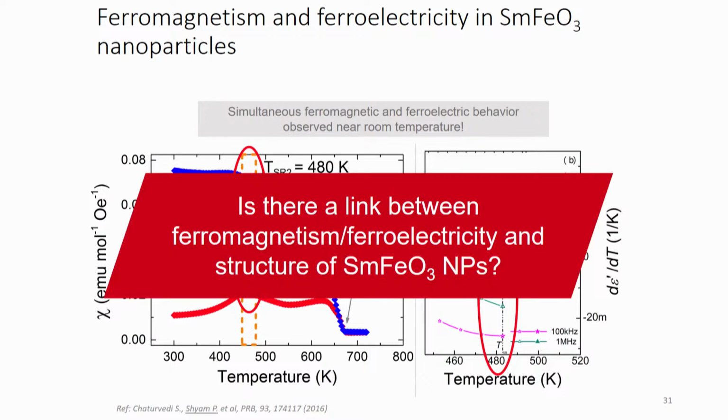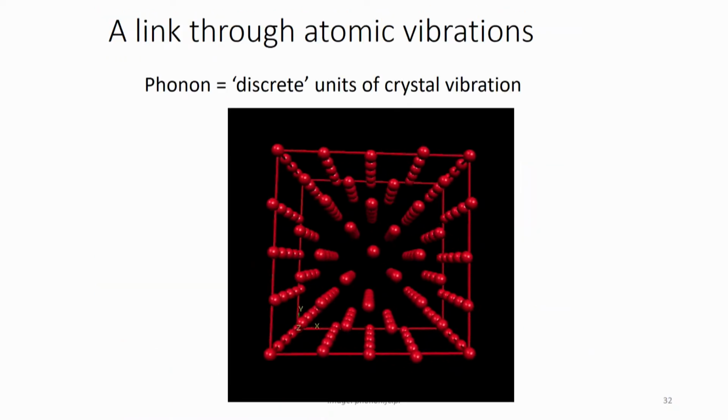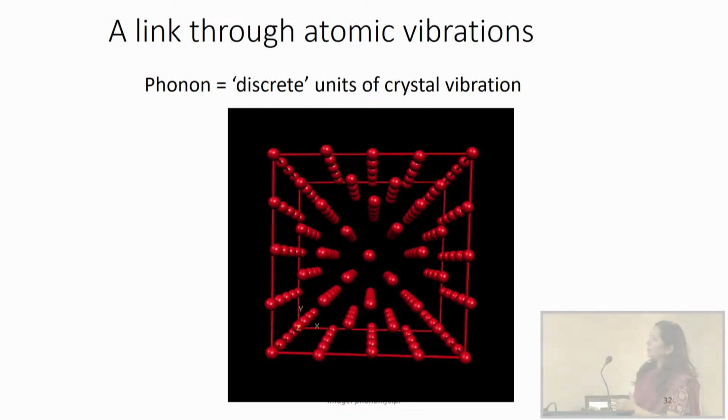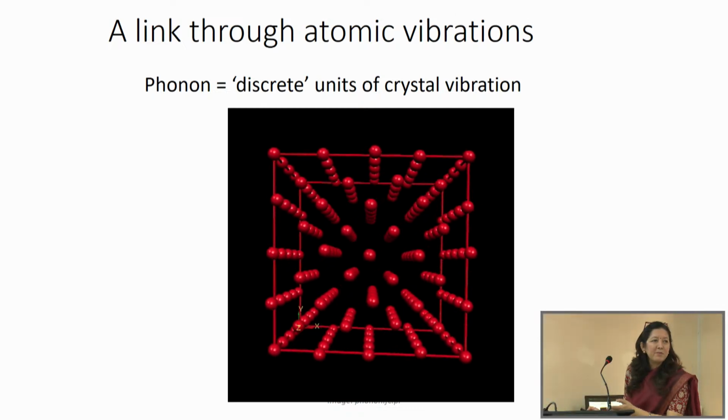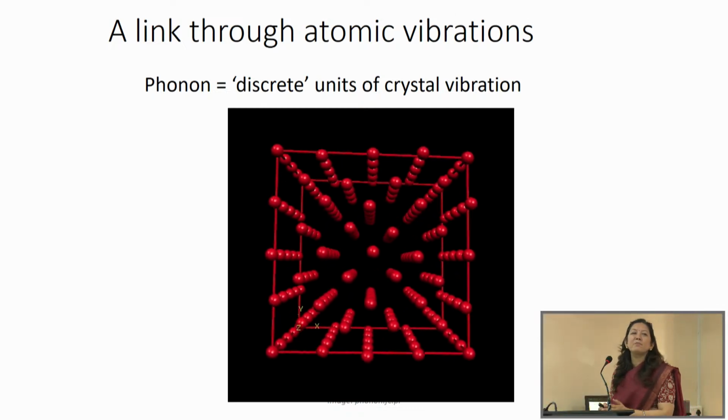Now we tried to find out whether there is a link between these and the structure. Is structure playing a role? Structure is a crucial thing in deciding the physical properties of any material. So we looked into the link through atomic vibration, looking for spin-phonon coupling.